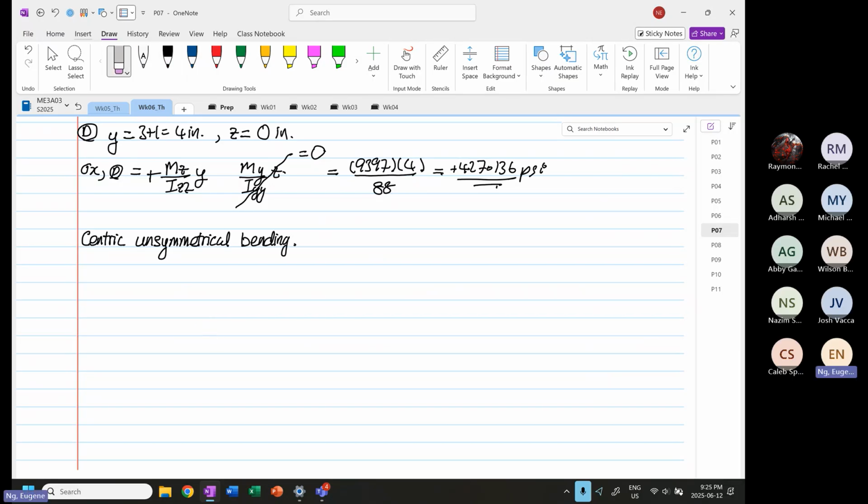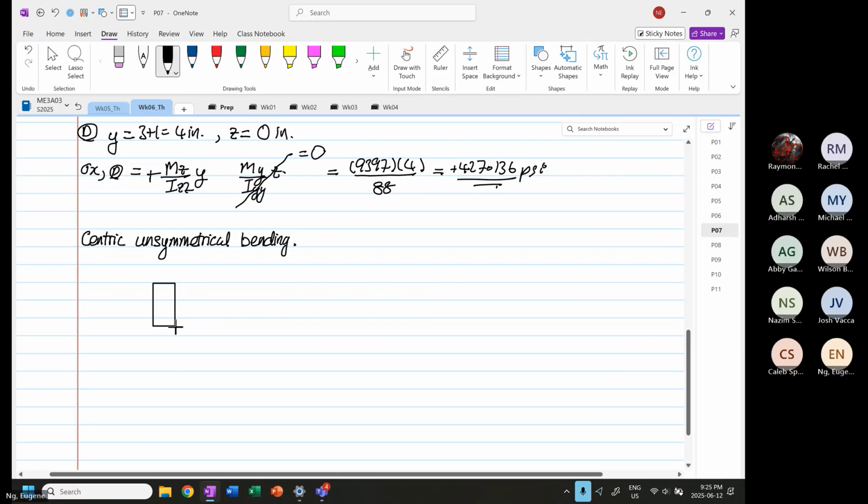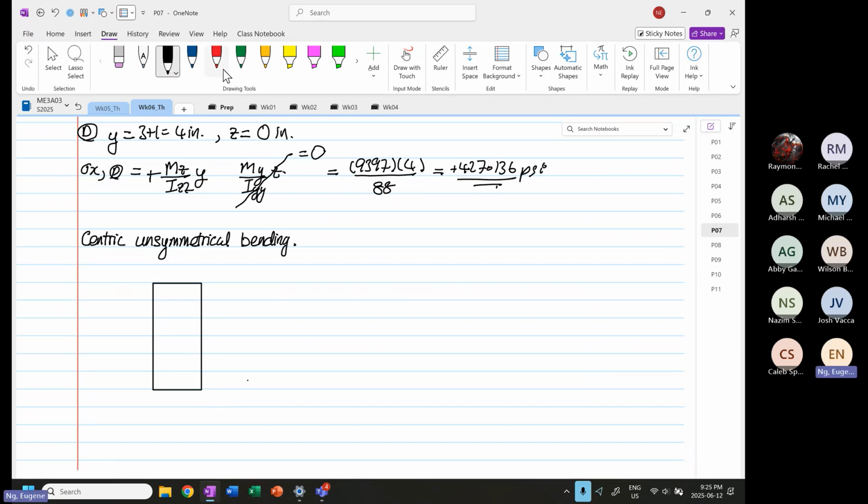We're going to look at centric, unsymmetrical bending. So now if we have our structure looking like this again, then we have our axis.